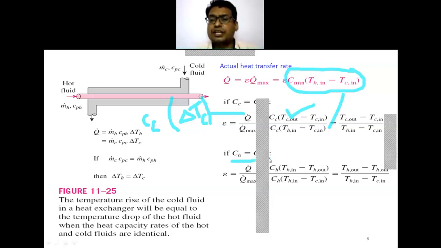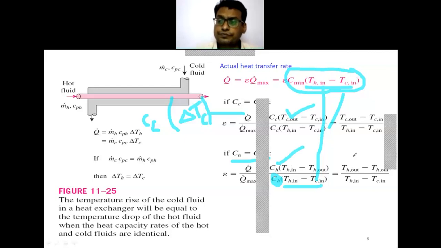Similarly, for Ch equal to the C minimum, this equation can be written here, that is Th in minus Tc in. And similarly, the actual heat transfer for the hot fluid will be Th in minus Th out. So this can be simplified to this, and here the epsilon values are simplified.